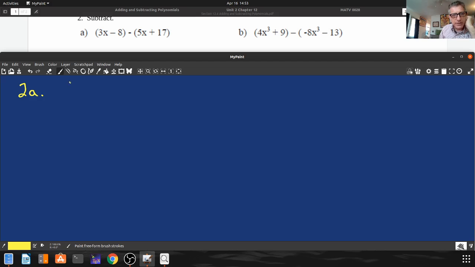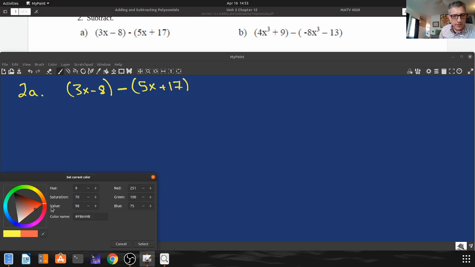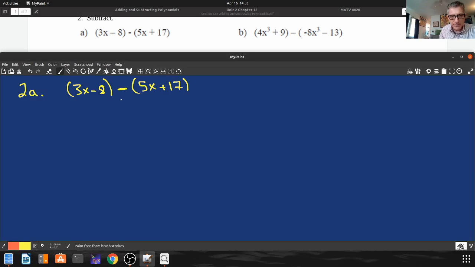So in this case, we have 3x minus 8. And here, my main operation is minus 5x plus 17. So we're going to transform this part right here.